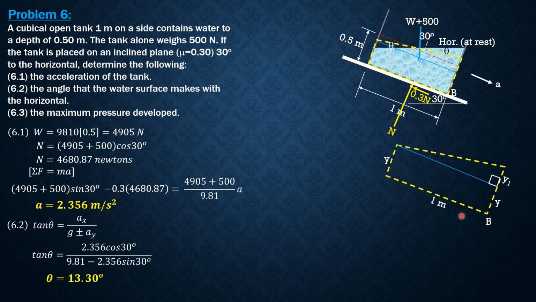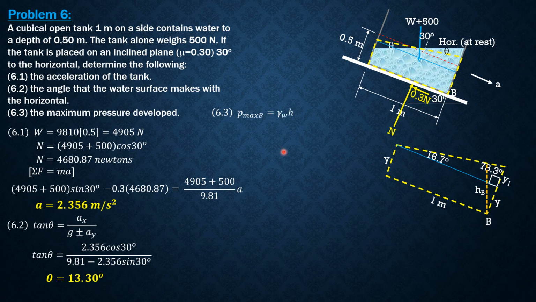This is 1 meter, and the angle here again is 30 degrees minus theta, so 16.7 degrees. If that is 16.7 degrees, the angle here is 90 degrees minus 16.7, which is 73.3 degrees. Then let's draw the height, or HB. We'll call that HB, and the angle here, remember, is 30 degrees.